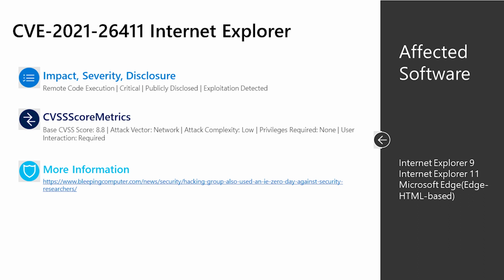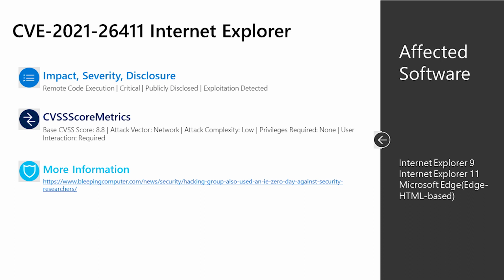All right, and finally, for our third vulnerability that we'll be covering in this mini briefing, this is CVE-2021-26867, and this is with Internet Explorer. So this affects Internet Explorer 9, 11, and also the HTML-based version of Edge pops up as an affected product. So this is a remote code execution vulnerability listed as critical, and this was publicly disclosed, and exploitation was noted out in the wild.